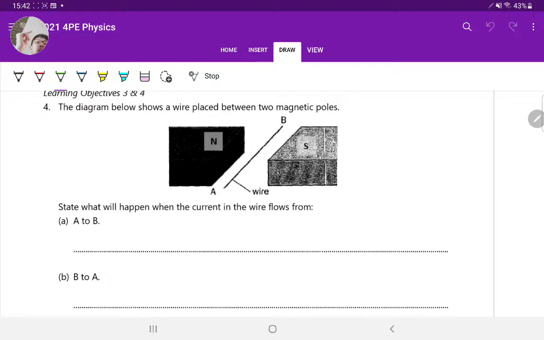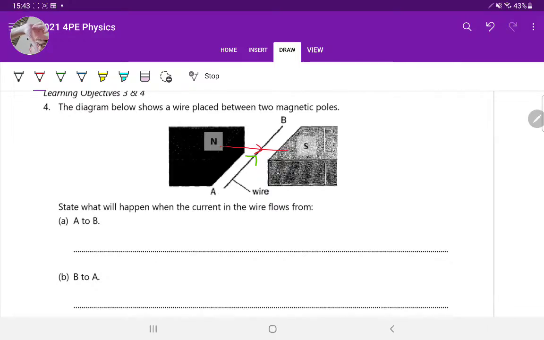Okay, force, field, current. Let's say current is going A to B. Current is going into the page. Field is going north to south. Force, field, current. So what happens?